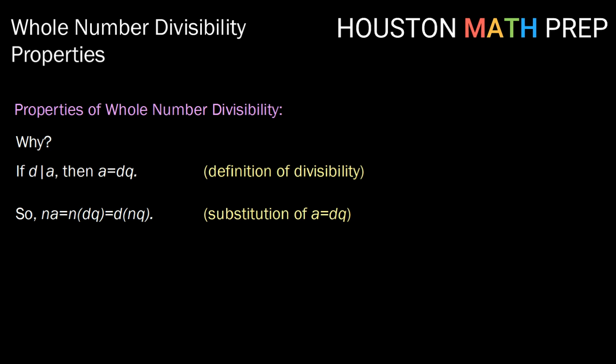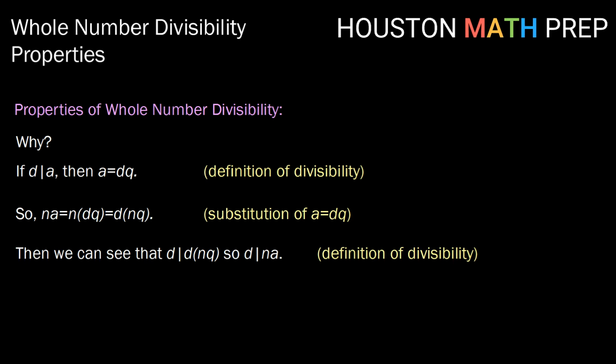Or if we just rearrange using our commutative property, we can write that as d times nq. So that would mean that d divides d times nq, and of course then d divides na. So here's a little mini proof just using the definition of divisibility and some easy substitution to show why if d divides a, then d divides any multiple of a.